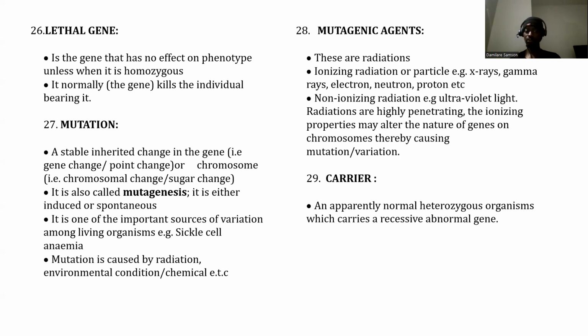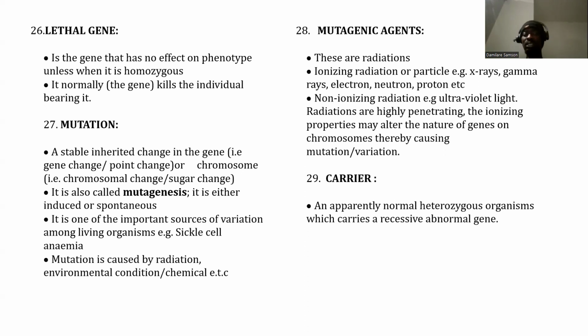Are you getting me? The environment, whether it is induced or spontaneous, and also that's for environmental condition, for example, chemicals. Now, if you've watched Fantastic Four, Spider-Man, those are examples. Radiation or chemicals.